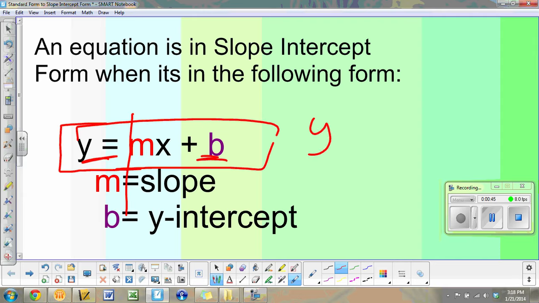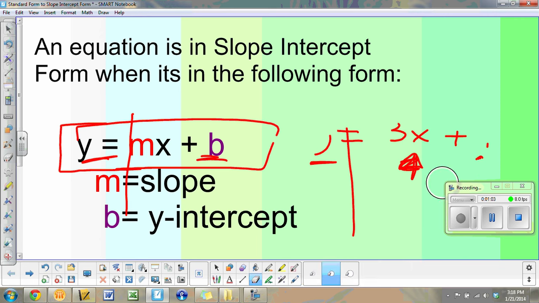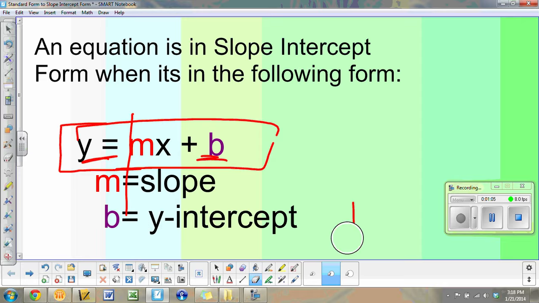So we might have y equals 3x plus 4. So all by itself, y on one side, I have an x on this side, and then I have a constant on this side. So that's what I want to look for whenever I'm identifying what slope-intercept form looks like, or if an equation is in slope-intercept form.